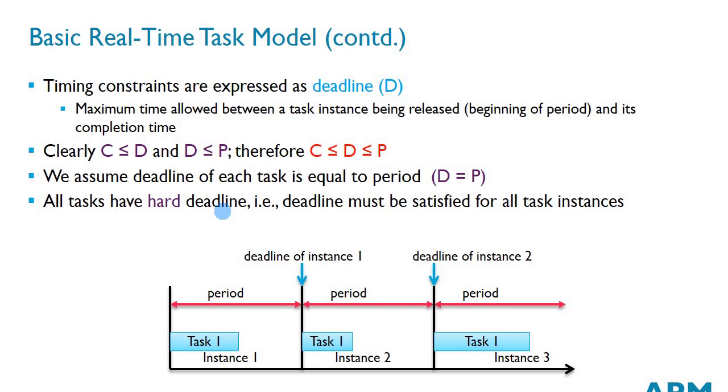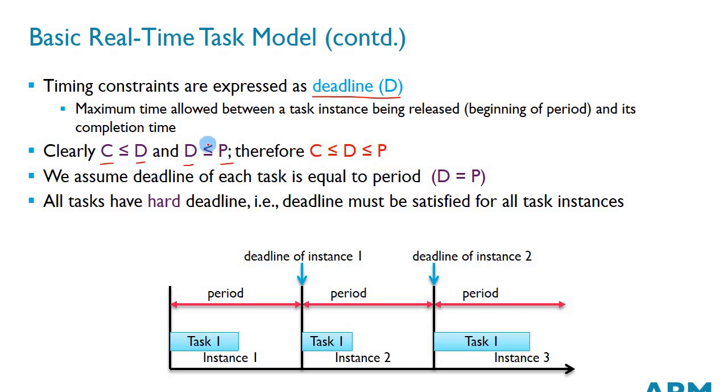And every task, since it's periodic in nature, in general most tasks have a deadline, and the deadline is basically the absolute max time by which I must complete the task. Definitely the execution time must be less than the deadline, and the deadline must also be less than the period.